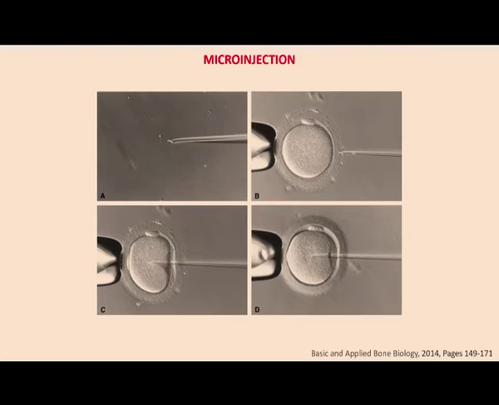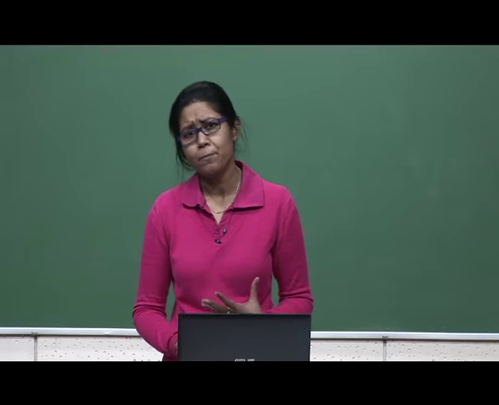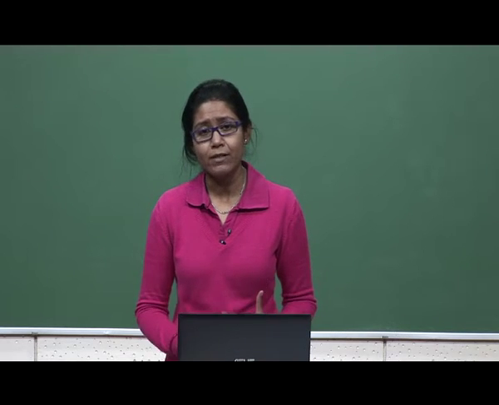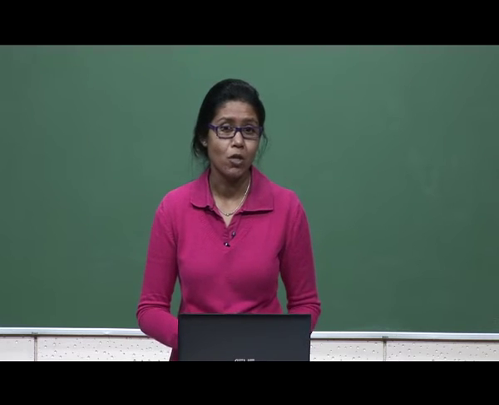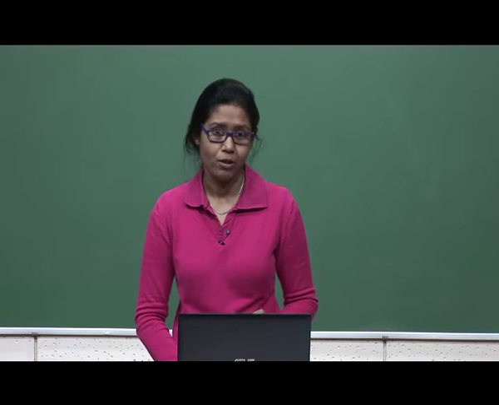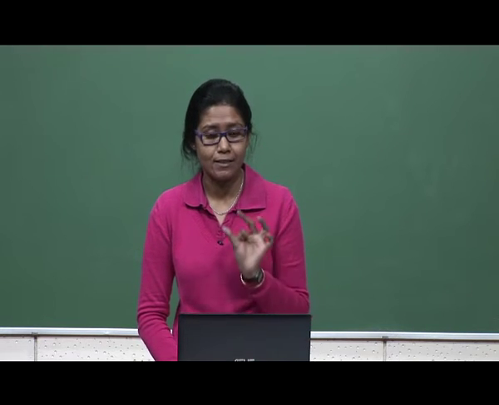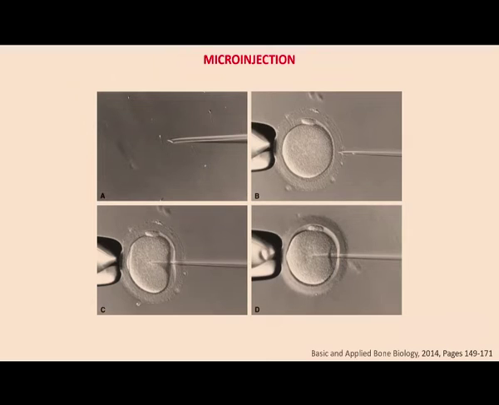But as you can imagine, the cells are really tiny. They have a diameter of roughly about 10 to 15 microns, and given the size, the needle that would be inserting DNA into these cells would also have a very small bore, which would mean that the needles would also be really small to be able to insert DNA into these tiny cells.